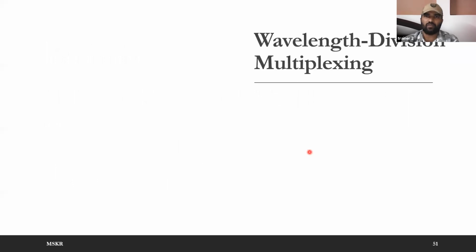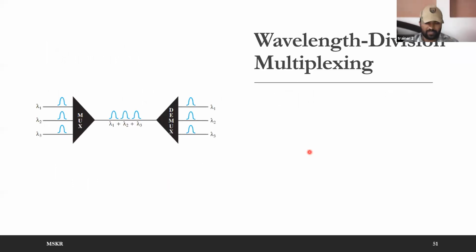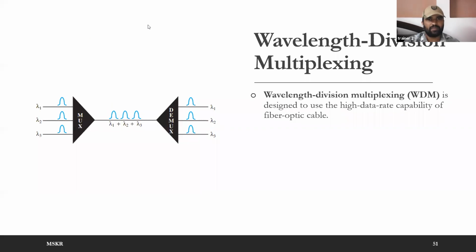Now coming to wavelength division multiplexing. Wavelength division multiplexing is also the same as frequency division multiplexing. As you can remember, this is nothing but f1, f2, f3 only. Lambda 1 means wavelength 1. So lambda 1 is equal to 1 by f1. Lambda 2 is equal to 1 by f2.